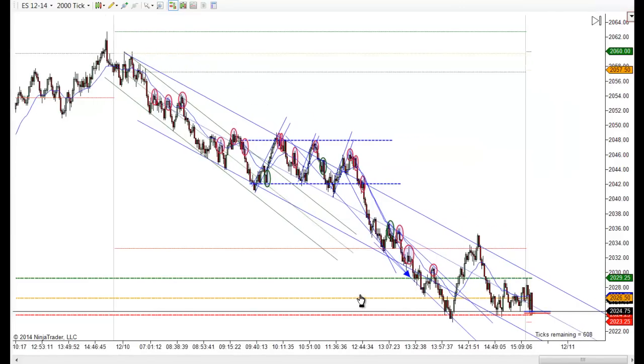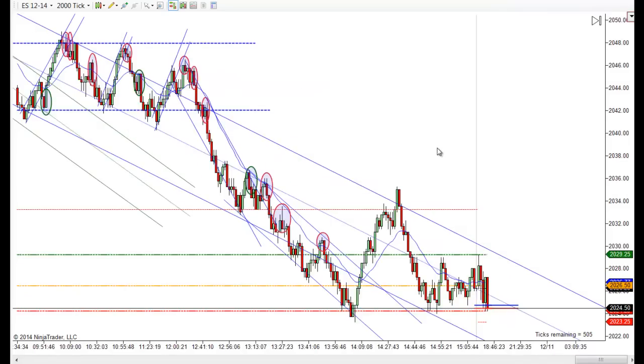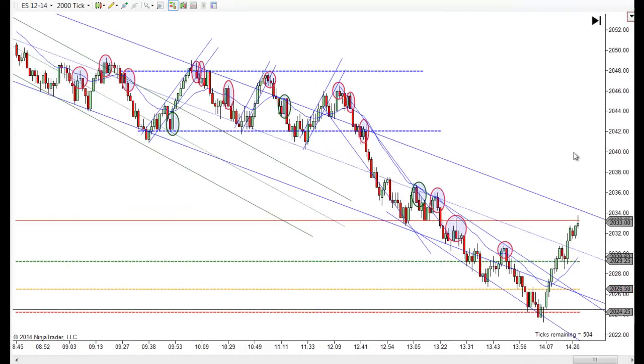And you were already well past it on that one, but you almost have to consider that being the high of this move. And then you move it over here, and you see, that gets you all the way down to here. And we didn't go much lower than that. So that was something else to consider as well.